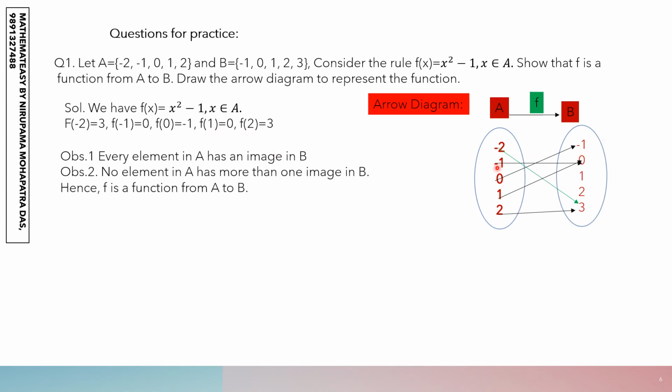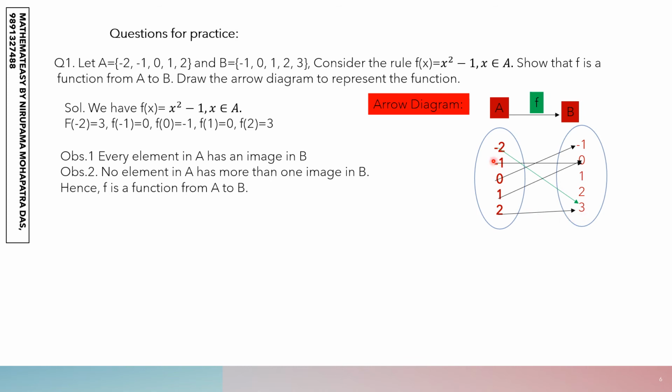So every element of A is associated and the association is unique, because -2 is associated with 3, and -2 is not associated with any other element. 2 is associated with 3, and 2 is not associated with any other element. We have to see it in this way.